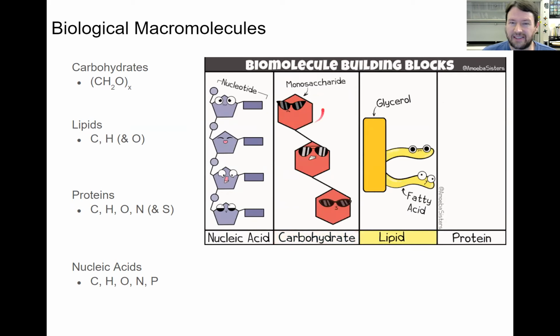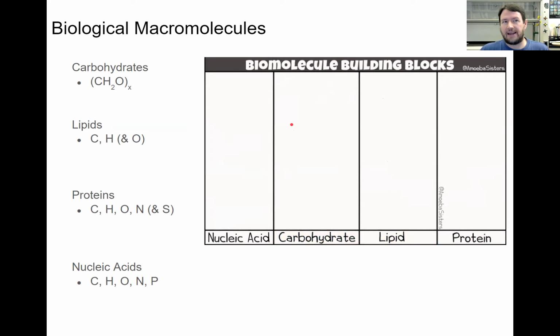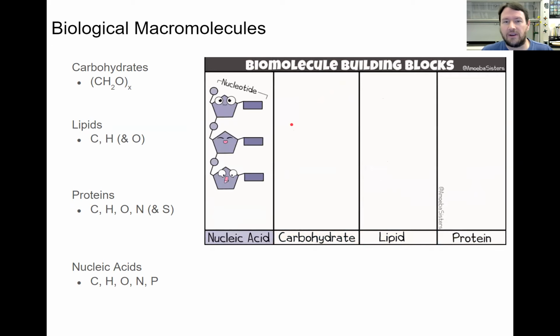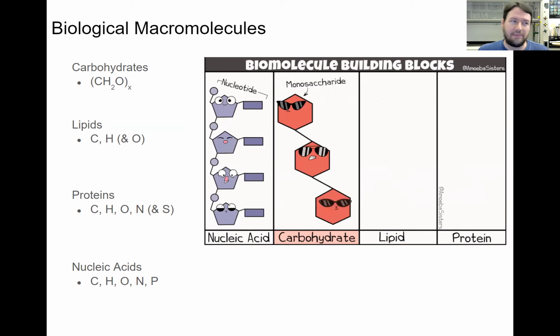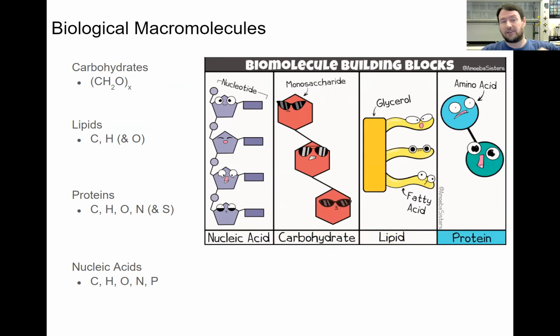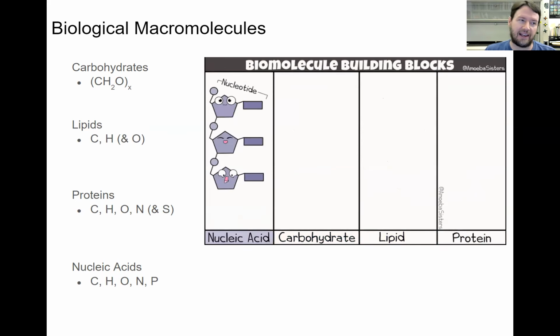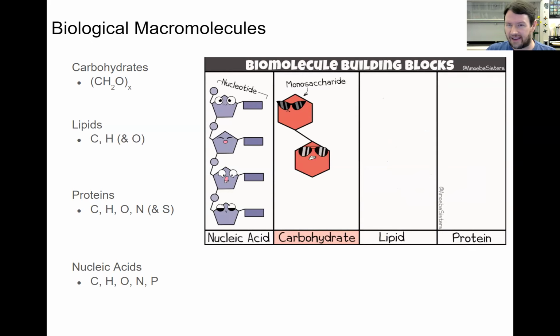The monomer of a carbohydrate is called a monosaccharide. That means single sugar, and they can form either disaccharides, which means double sugar, or oligosaccharides, meaning a few sugars linked together, or these big long chains of sugar called polysaccharides. And those are things like starch and cellulose and glycogen.